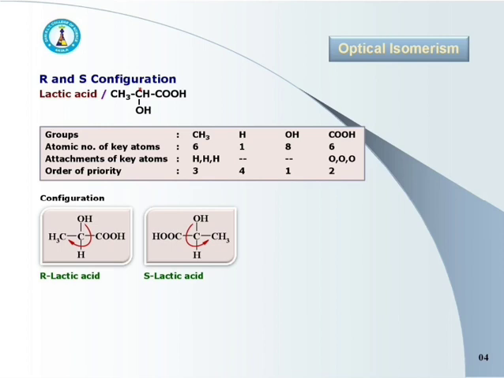Priority decreasing in the clockwise direction means R isomer; priority decreasing in the anti-clockwise direction means S isomer. To assign the configuration, it is essential to view the molecule from the side opposite to the lowest priority group.